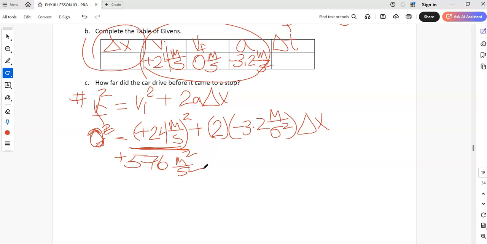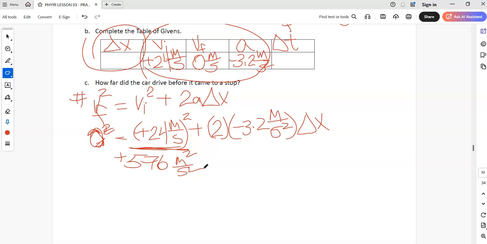If you're doing a velocity calculation, it should be in meters per second, plus or minus meters per second. If you're doing an acceleration calculation, it should be in meters per second squared, technically positive or negative meters per second squared. And if you're calculating time, it should be in seconds. So as long as you remember what your final solution is, what you're solving for, that will tell you what the units are.